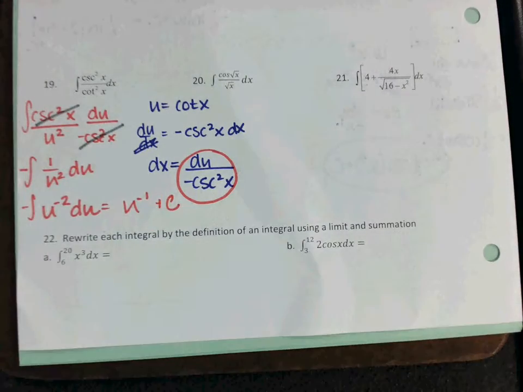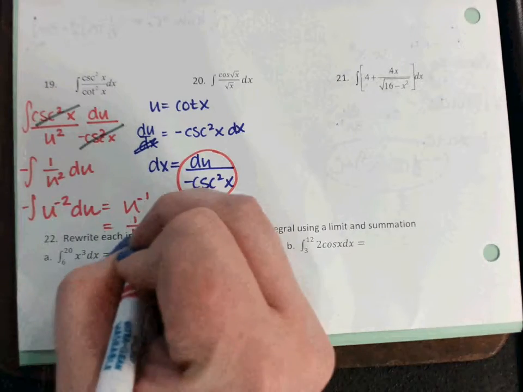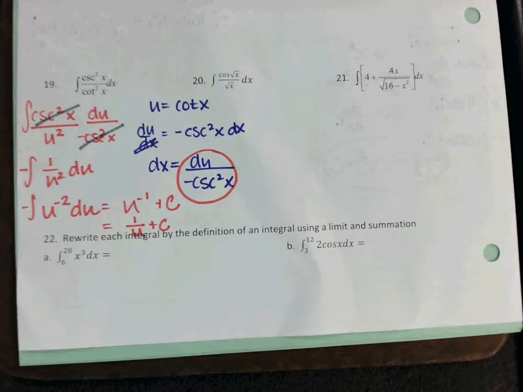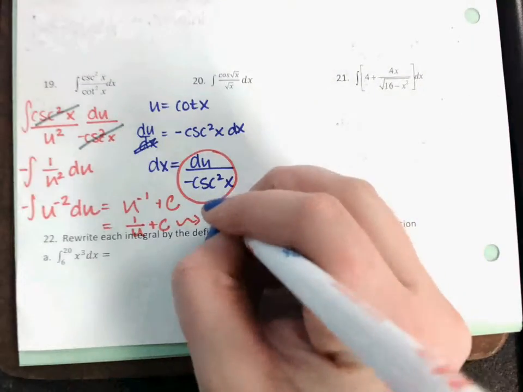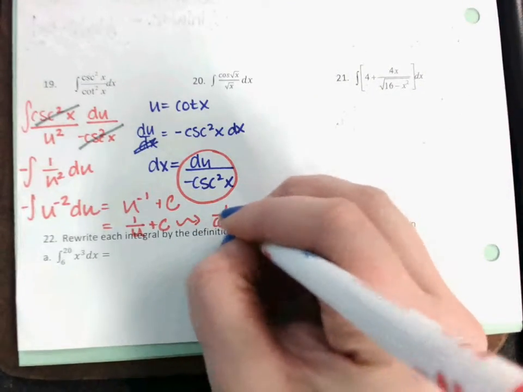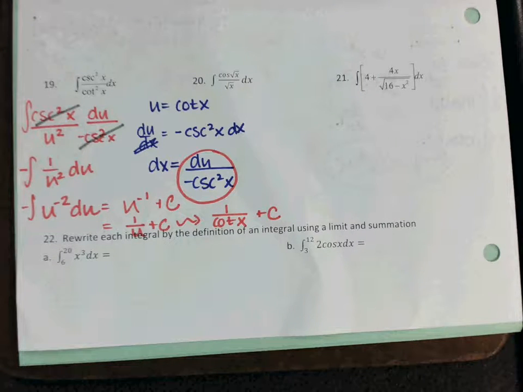Okay, then for my final answer, I would say, well, this is the same as 1 over u plus c, because it's a u to the minus 1, and then I'll plug in my cotan. Now, quick question. 1 over cotan x plus c. On the AP test, they wouldn't put this as an answer choice. The reason why is because 1 over cotan is the same as what?